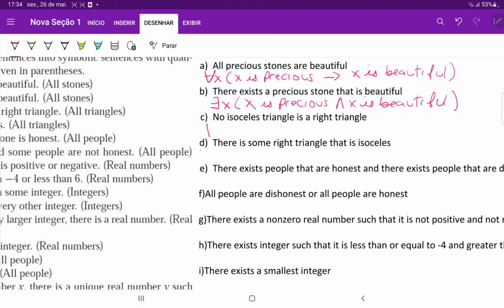For C, we have a universal. So we're saying that for all x, if x is isosceles, then it is not a right triangle.